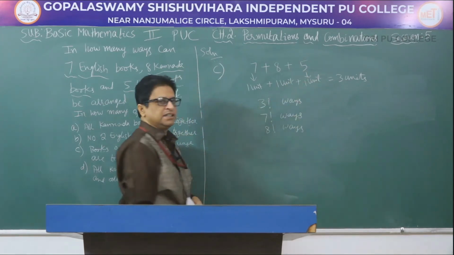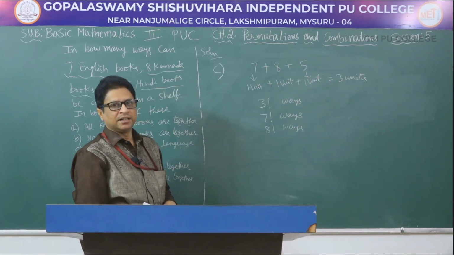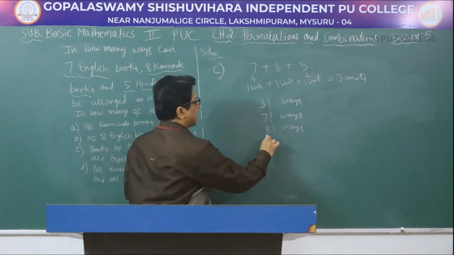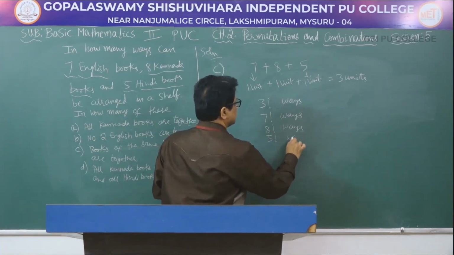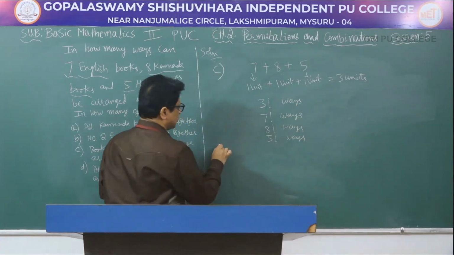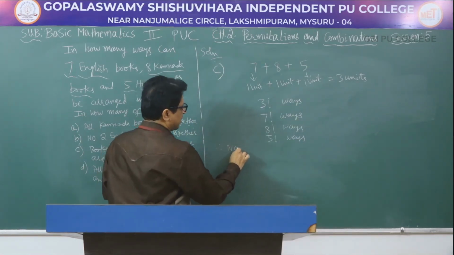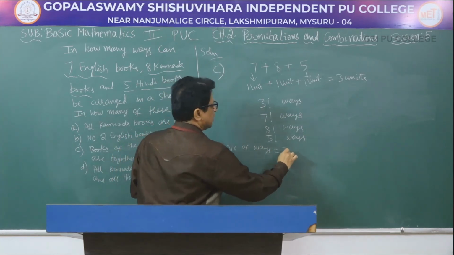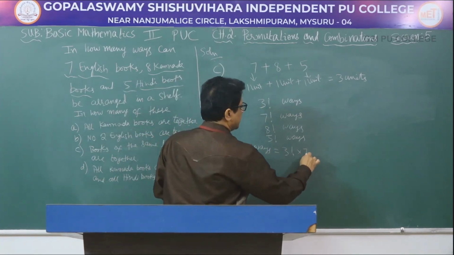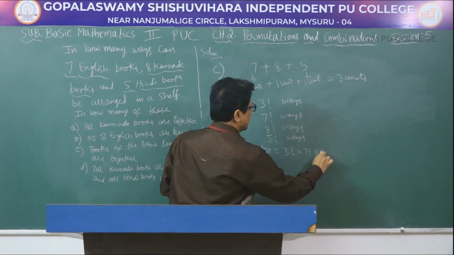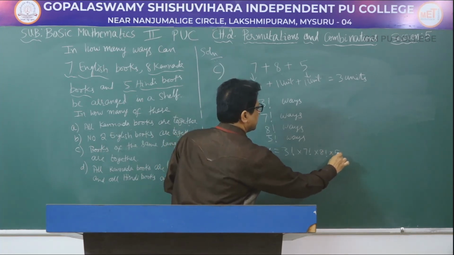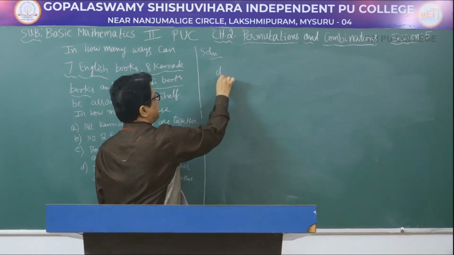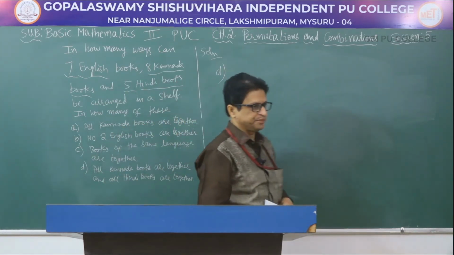And the Hindi books can be arranged among themselves in 5 factorial ways. Therefore, number of ways is equal to 3 factorial into 7 factorial into 8 factorial into 5 factorial.